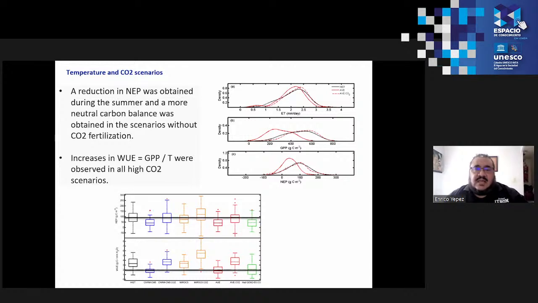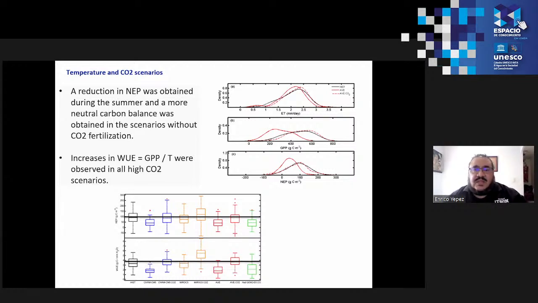At the end, what we saw is, if we just focus on the black and the reds here, basically the net ecosystem production and the water use efficiency, which is the ratio of the photosynthesis and the transpiration, we actually saw how once we put the CO2 model and the temperature effect, basically the effects of the climate change were unnoticeable. This is the average of 3 different downscaling models that we use to fit the climate variability for our model. But if we see the average of these models, net ecosystem production basically kept the same.